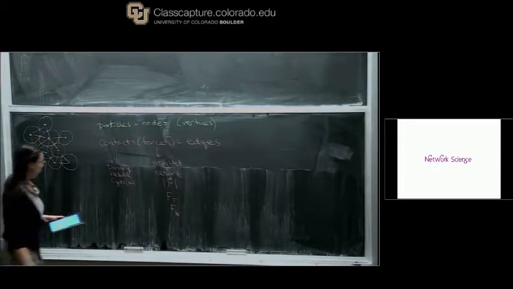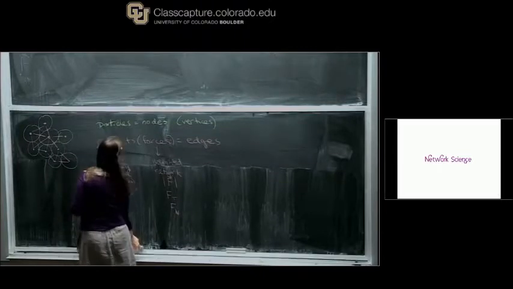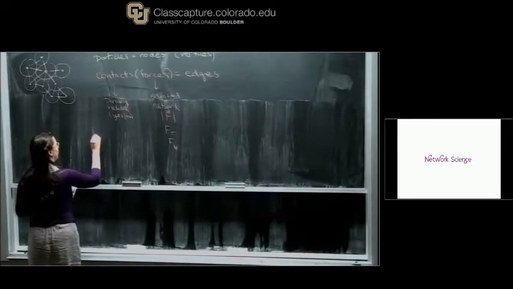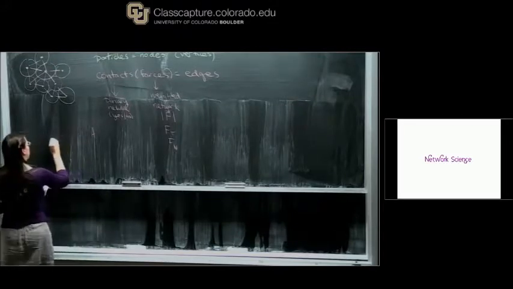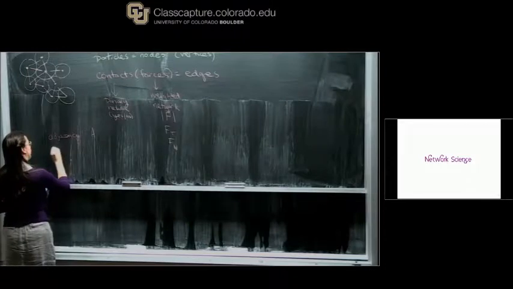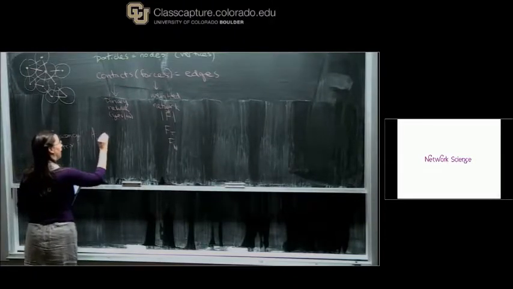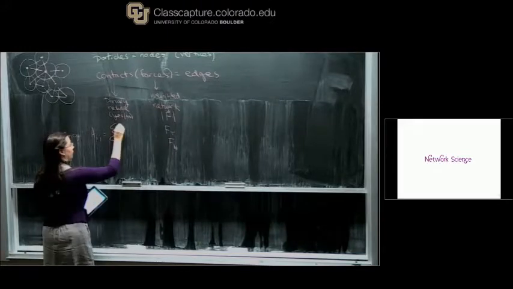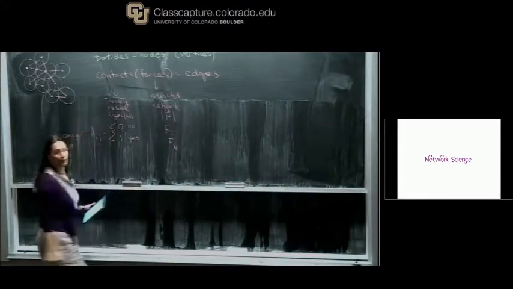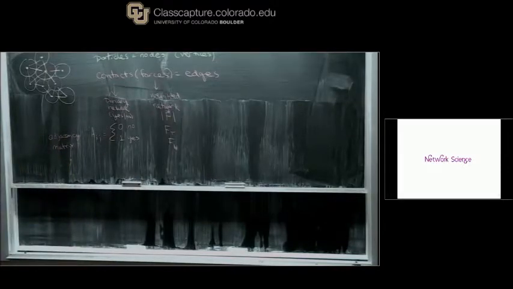So the tool for this case is an adjacency matrix, A_ij, that equals 0 for no and 1 for yes. Those are contacts. Very easy.